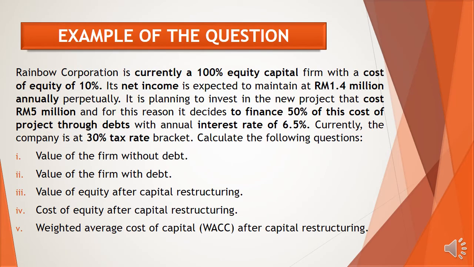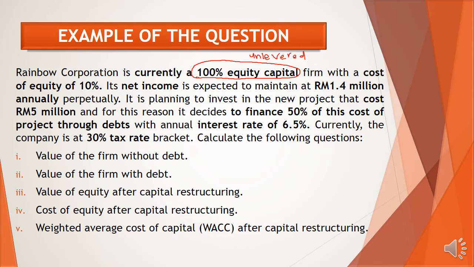And now to start with the calculations, you can refer to this example question. Based on this question, Rainbow Corporation is currently a 100% equity capital firm. When it's mentioned that it is 100% equity capital, it means that currently this company is an unlevered firm because there is no involvement of debt.